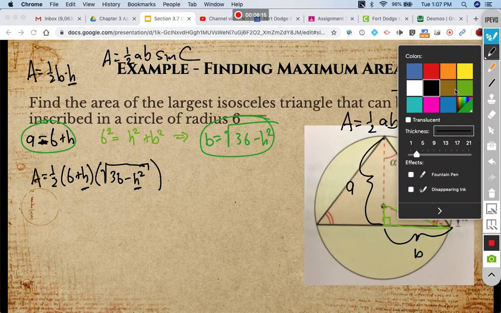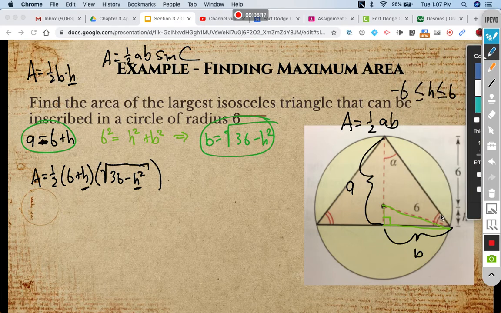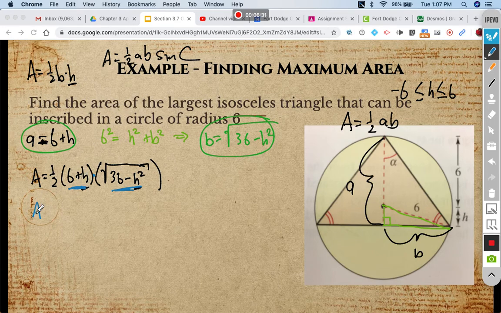So let's jump at this and find the derivative. We've got the product rule, and we have the chain rule, so we have to take care of both of those. We officially have the chain rule here, but this is a trivial case. So to find my derivative, I'm going to take out my constant. I'm going to take my 6 plus h times the derivative of this. It's going to be the chain rule.